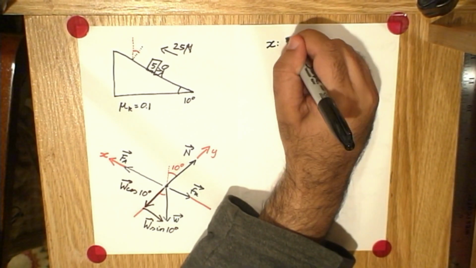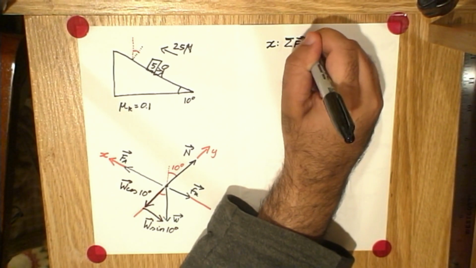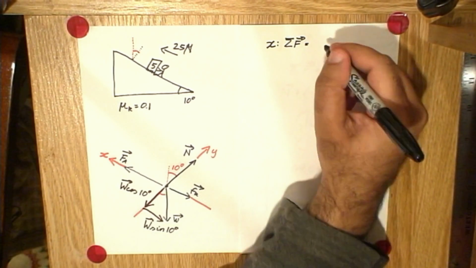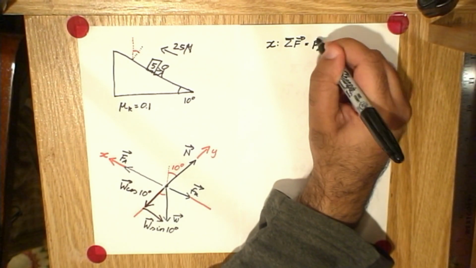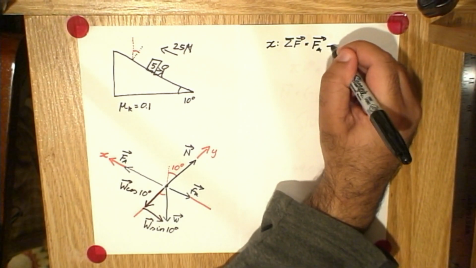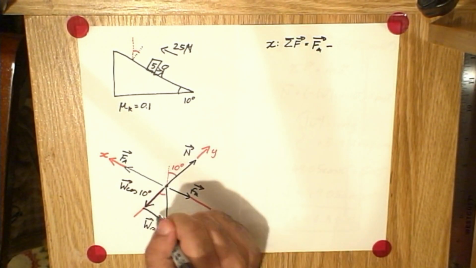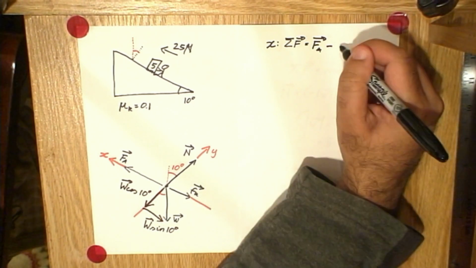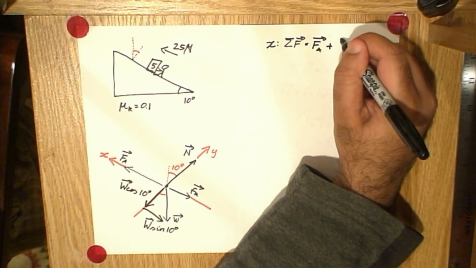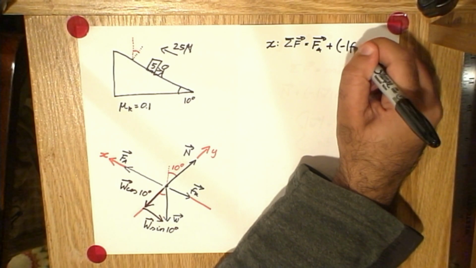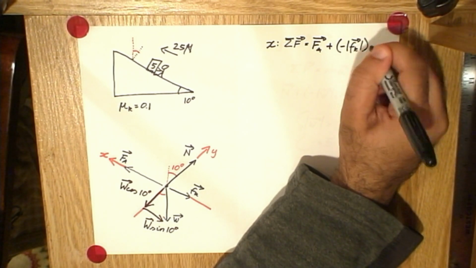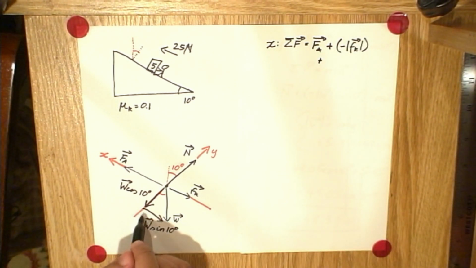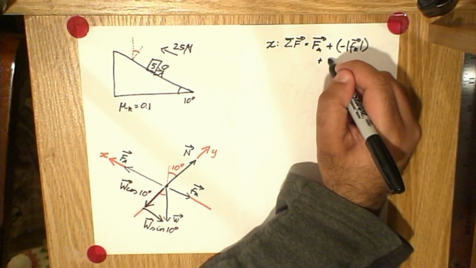In the x direction, the total force is given by the applied force, which is pointed up the ramp in the positive direction, minus, there are two forces pointing in the negative direction. One is the kinetic friction. So I could write it like this. And the other is the sine component of the weight, which I could write like this.